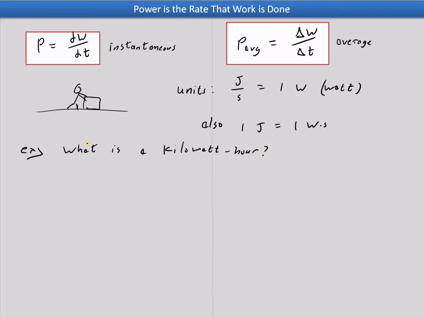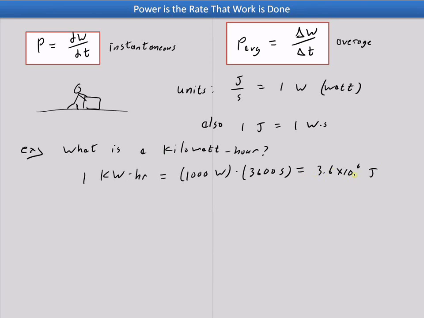Well, this is just a unit conversion problem, but just to give you a sense of these numbers. You take a kilowatt, multiply it by an hour. A kilowatt is equal to 1,000 watts, that's the kilo, and you multiply it by an hour, which is 3,600 seconds. And so a kilowatt hour is 3.6 times 10 to the 6 joules.